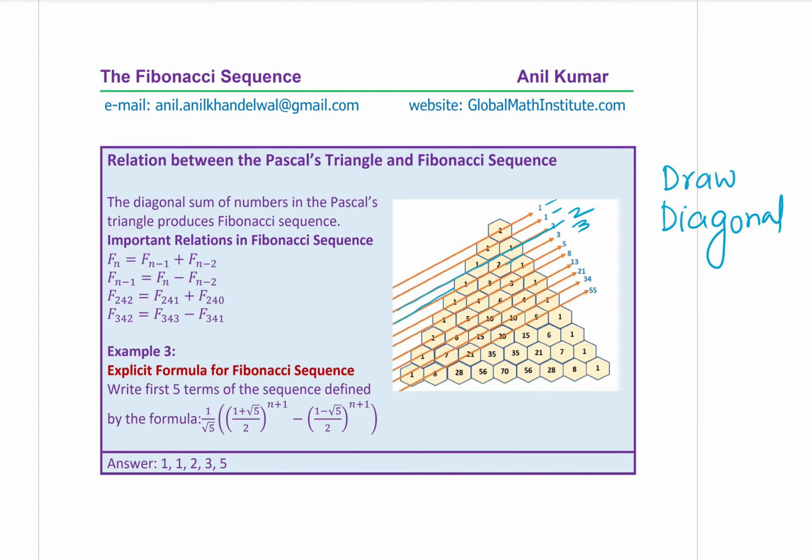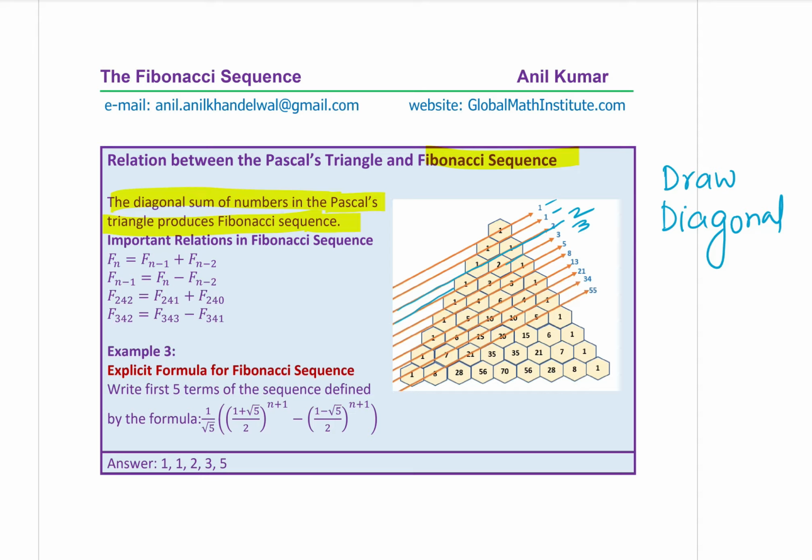So likewise, if you draw these diagonals, what we get is the Fibonacci sequence. You get the idea, right? So the diagonal sums of the numbers in Pascal's triangle produce the Fibonacci sequence. That is the relation between the two.